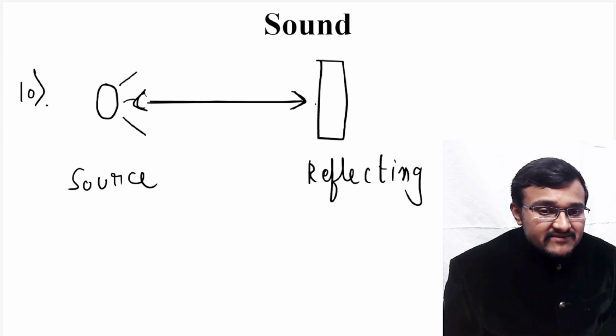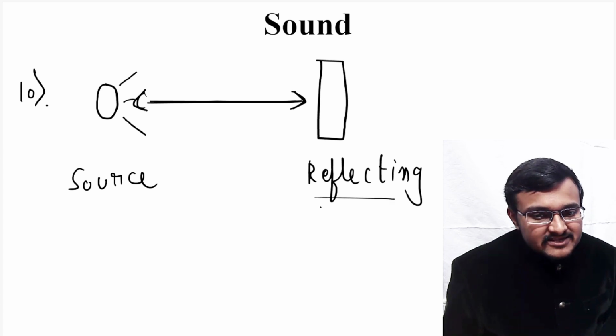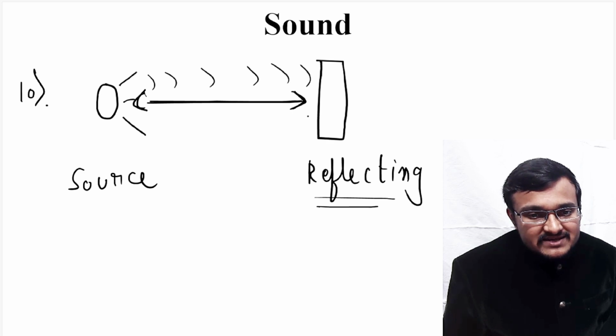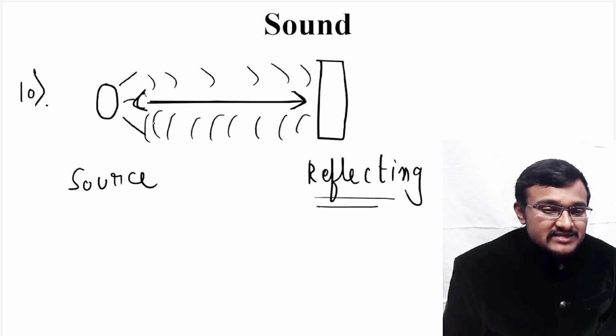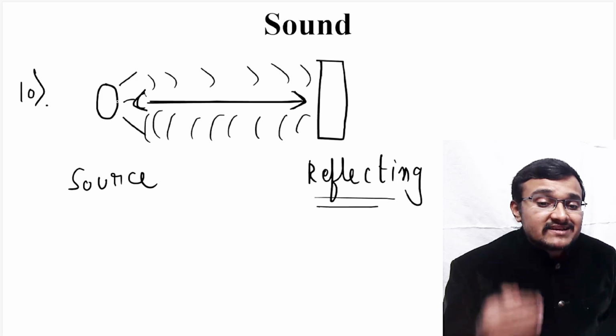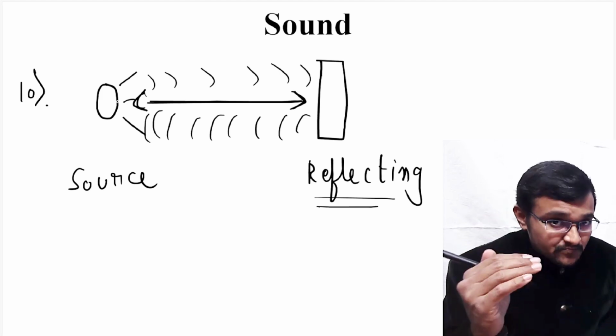That means they have kept the reflecting surface where the sound wave takes more than 0.1 second to reach back to the source of sound, so that the person standing near the source can hear this echo.